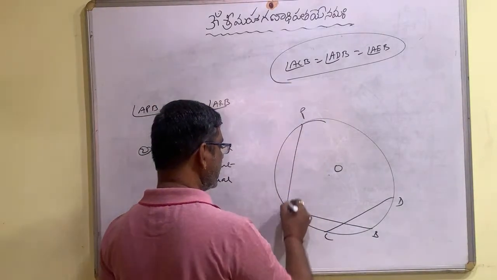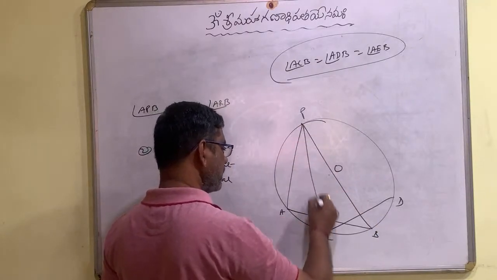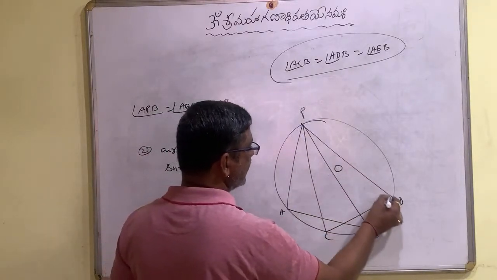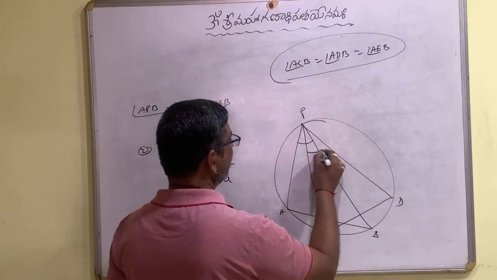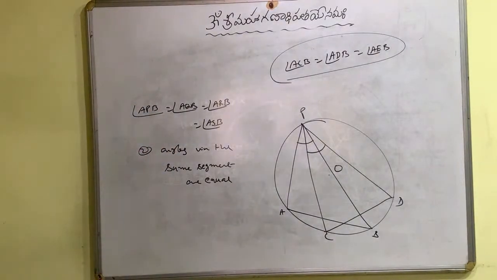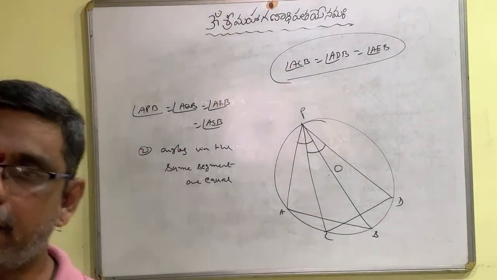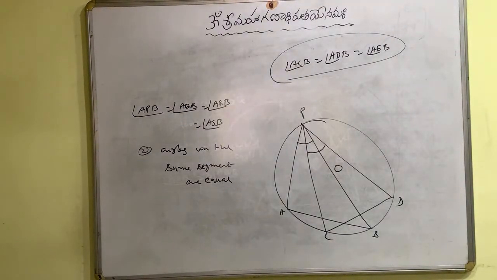I am joining AP and PB, and PC and PD. Can I say angle APB and angle CPD are equal? Are they equal? Angle APB and angle CPD, are they equal?